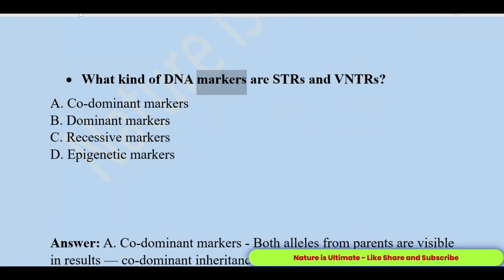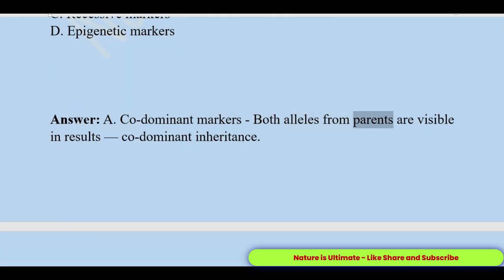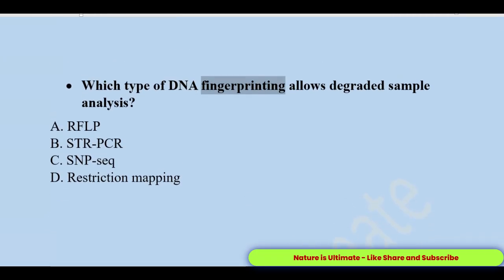What kind of DNA markers are STRs and VNTRs? A. Codominant markers. B. Dominant markers. C. Recessive markers. D. Epigenetic markers. Answer, A. Codominant markers. Both alleles from parents are visible in results, codominant inheritance. Which type of DNA fingerprinting allows degraded sample analysis? A. RFLP. B. STR-PCR. C. SNP-seq.